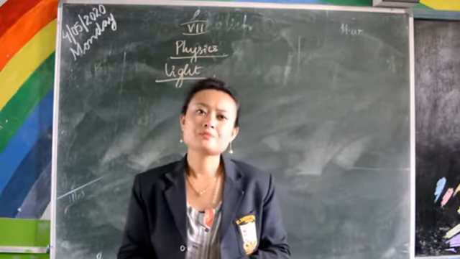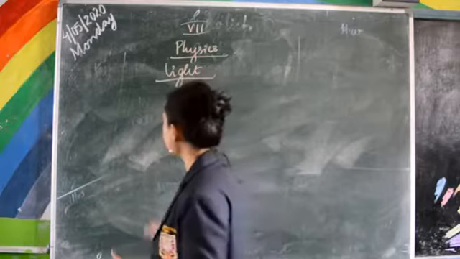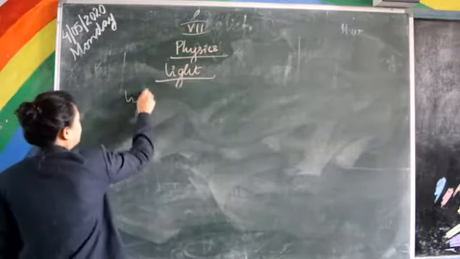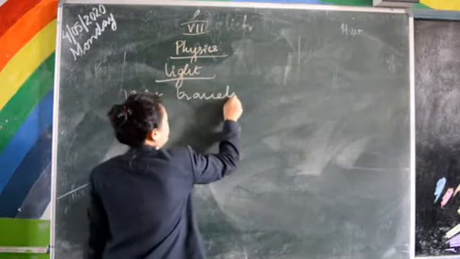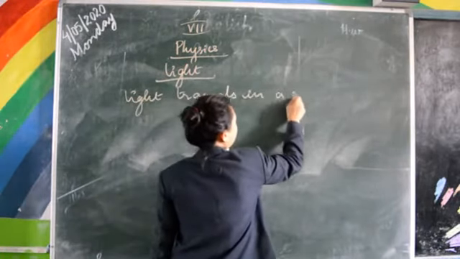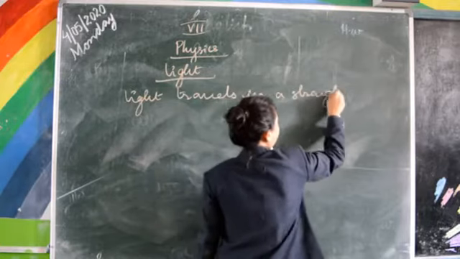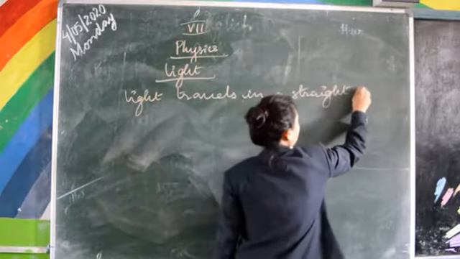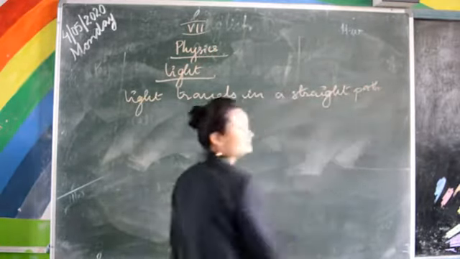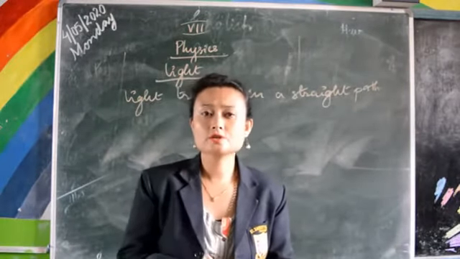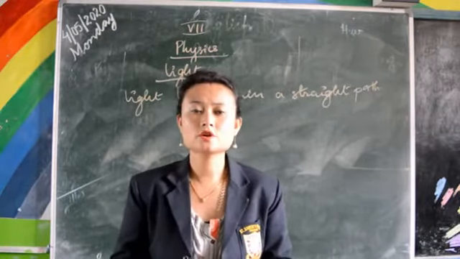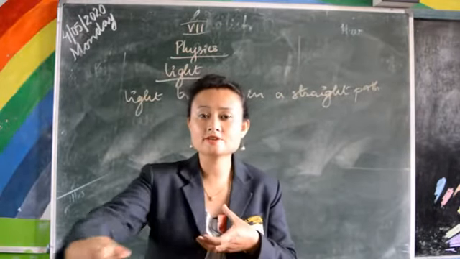Okay. Now how does light travel? Light travels in a straight path. For example, when you turn on a torchlight, you can see the flash of the light.